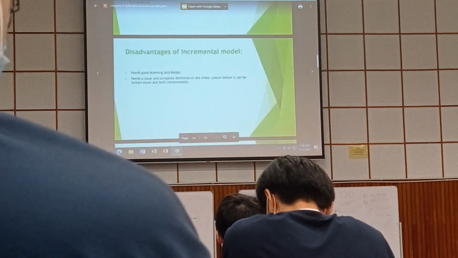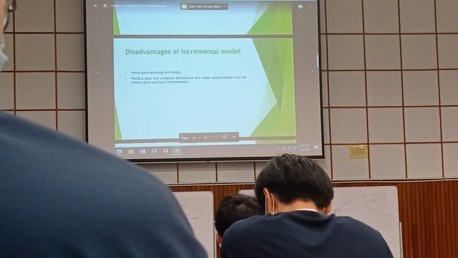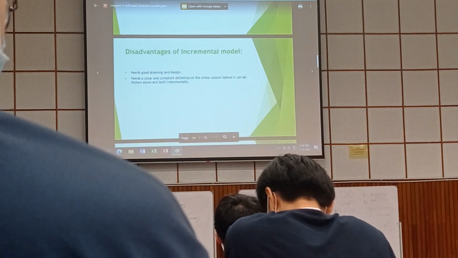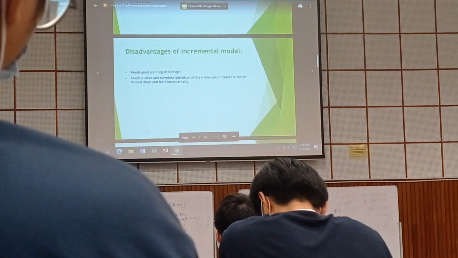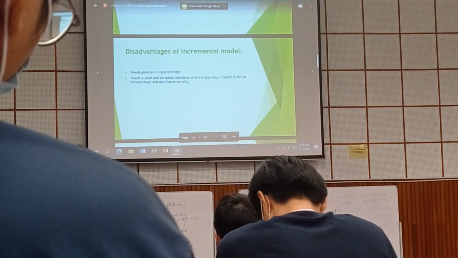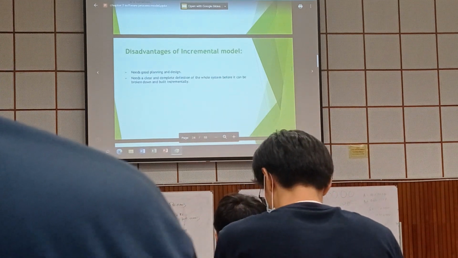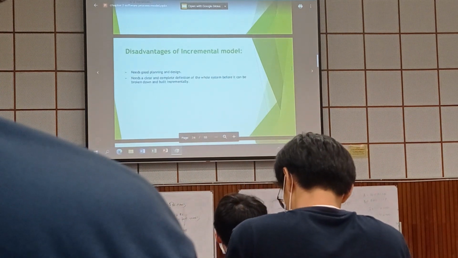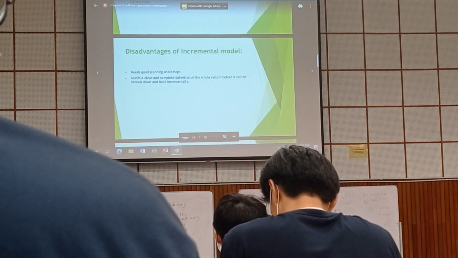The disadvantage here is that if you want to take this software process model, make sure that you have good planning and good software system design. And you must have a clear and complete definition of what exactly the system should have, how the system should perform, and who your target user is.